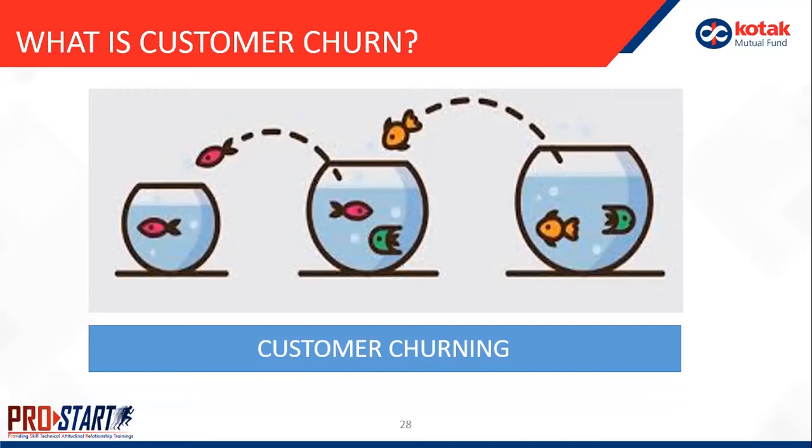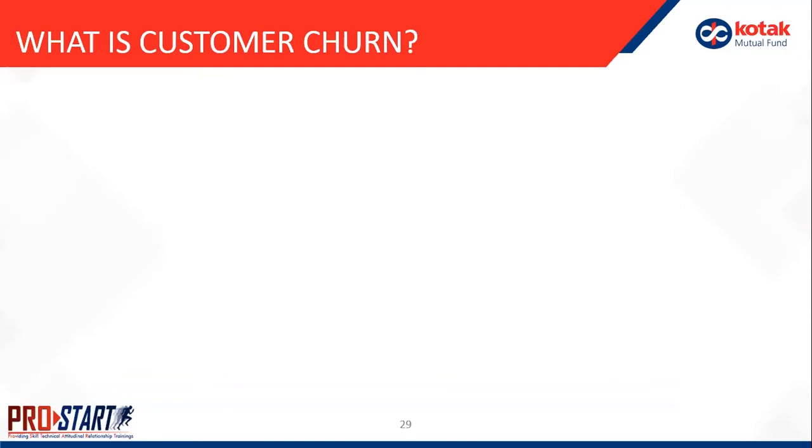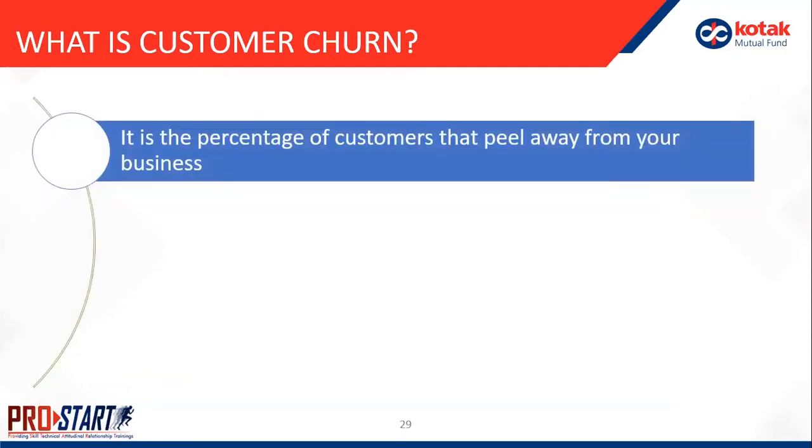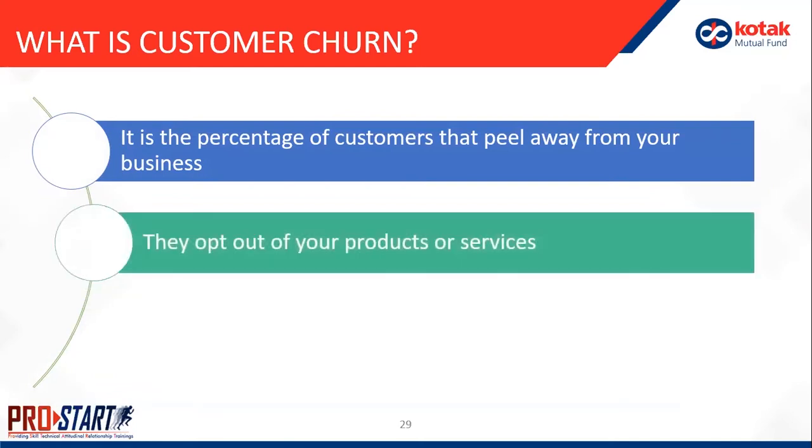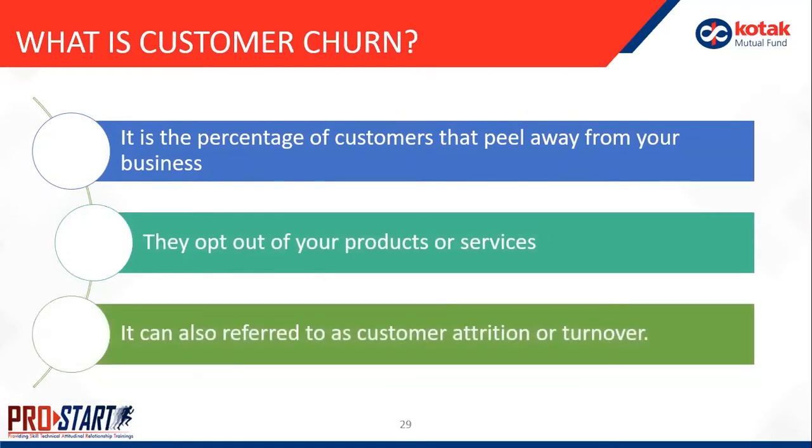Though this possibility is very less, but it will still harm us. Customer churn represents that percentage of customers that peel away from your business and opt out of your products or services. It is also referred to as customer attrition or turnover.